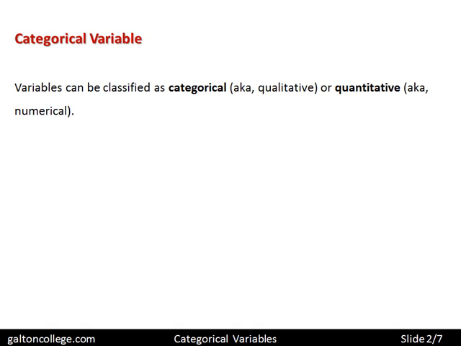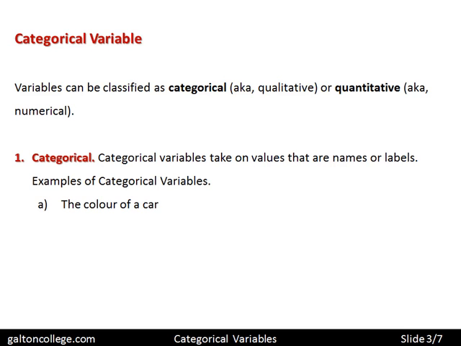So qualitative variables, just another name for those would be categorical. So let's look at some examples. So for categorical variables, they take on values that are names or labels.